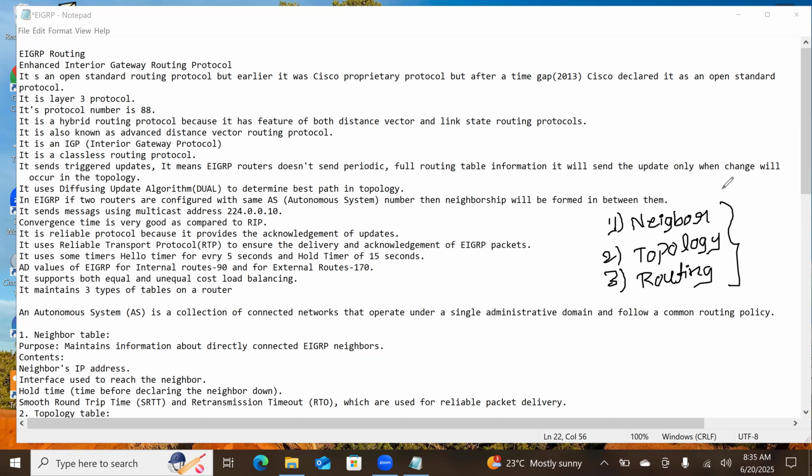What about the topology table? It will have the complete, entire topology. And the routing table has the best routes according to the topology table. So you can see the same thing here.